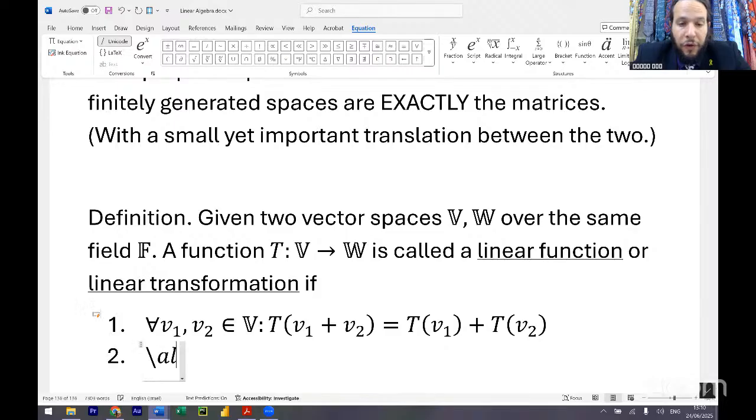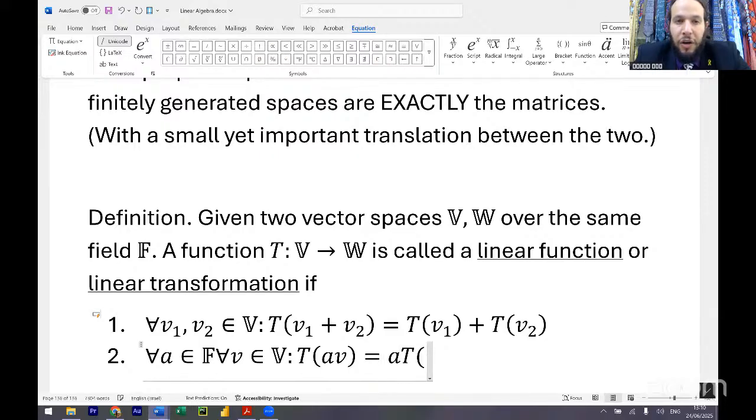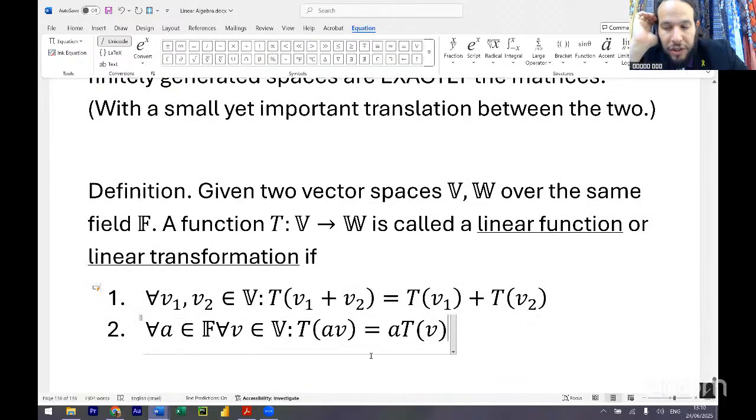Second, for all A from the field and for all V from the vector space, for every scalar and every vector, it is true that T of AV equals A times T of V. So any function that follows these two axioms or rules is called a linear function.